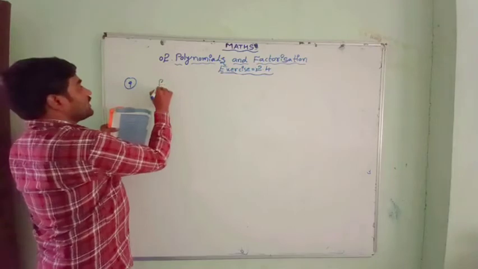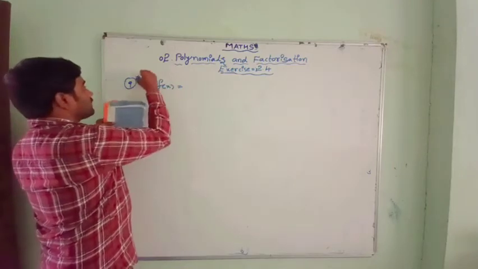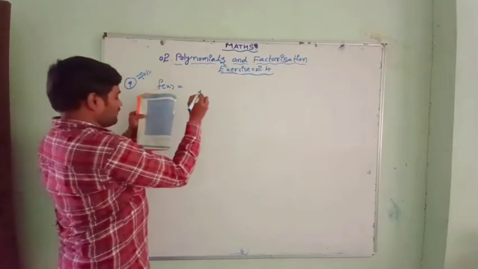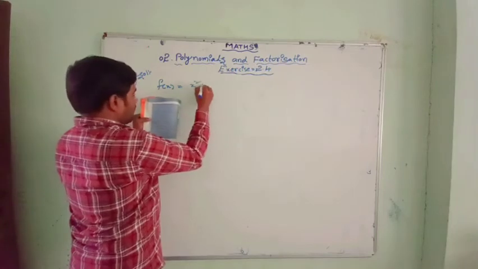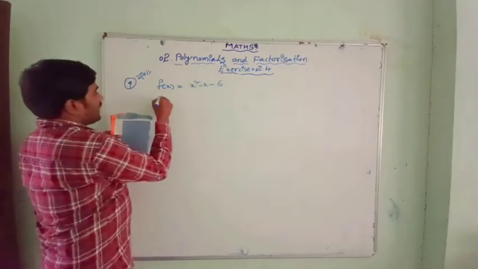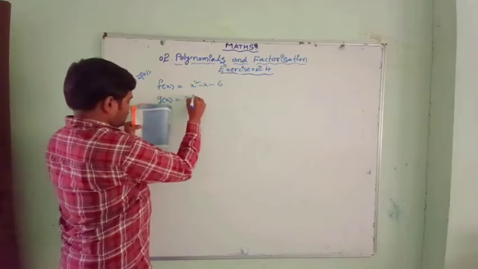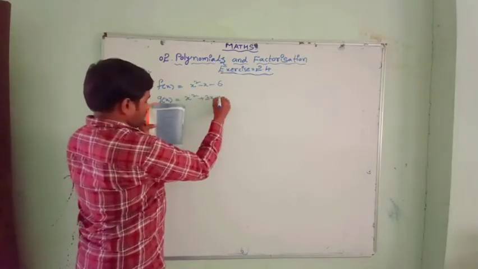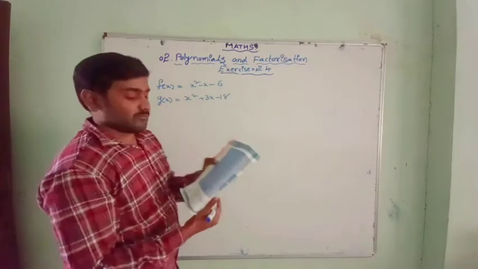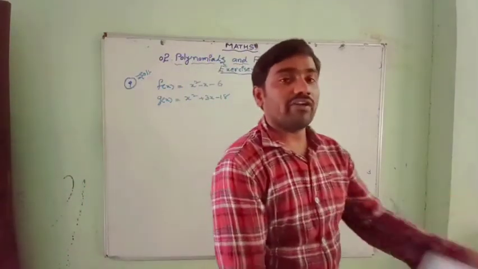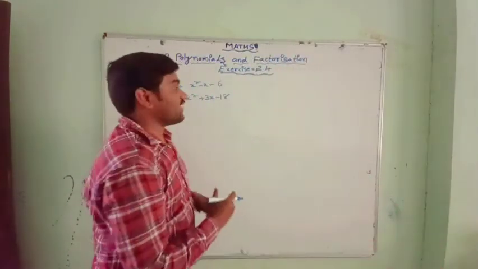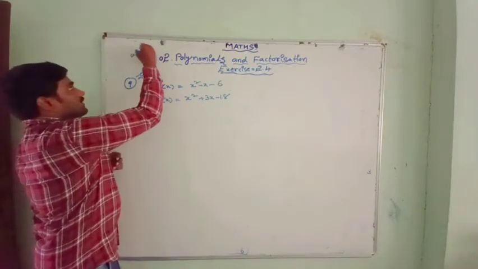Here also they have given two polynomials. Let me read the first polynomial, p of x equals x square minus x minus 6, and the next polynomial g of x equals x square plus 3x minus 18, having a common factor x minus a. Having the common factor x minus a, we have to find the value of a here.